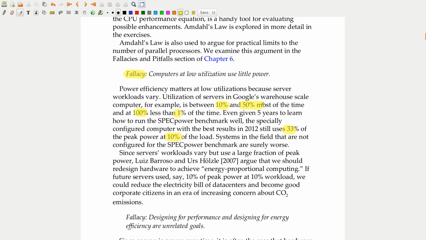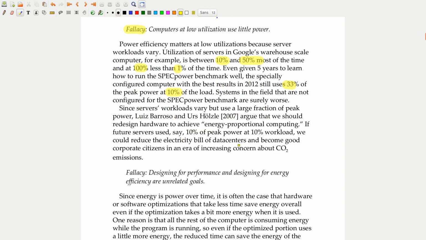So just because we're not doing much as far as computation goes, we still have all the static power. And we saw from that figure earlier that static power is roughly 40% of power. So we can't get rid of 40% of power. It's only this 60% that is a result of switching or actually doing things.